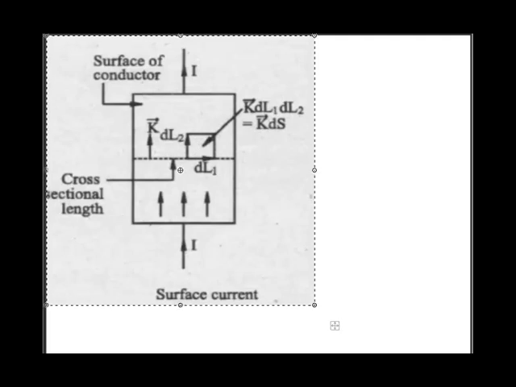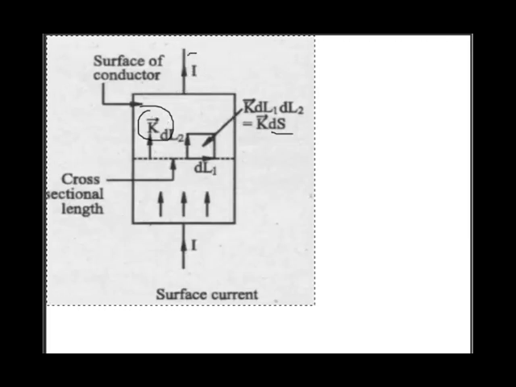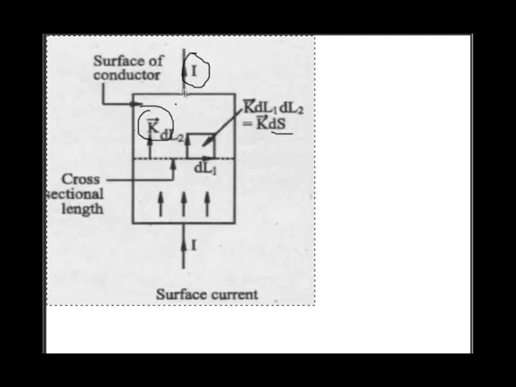In this the current is marked as K. In filament it is shown as I, and in surface it is marked as K to differentiate between the filament current and the surface current. And when it is multiplied with the differential surface, you get a differential current element in the surface case.